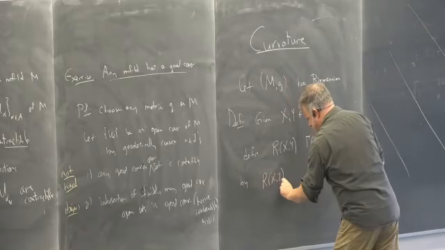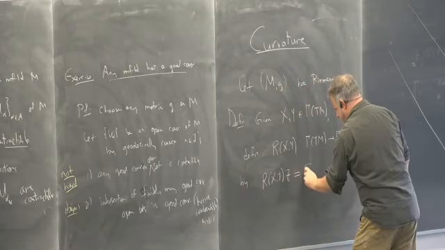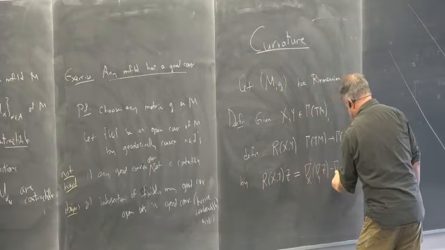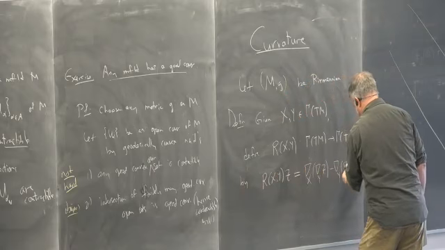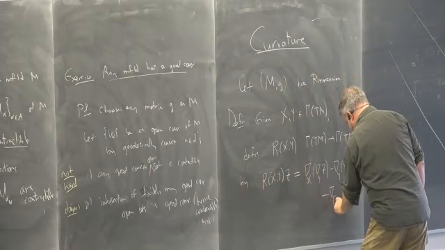R(X,Y) applied to some vector field Z is going to be nabla_X of nabla_Y Z minus nabla_Y of nabla_X Z minus nabla of the Lie bracket [X,Y] applied to Z.